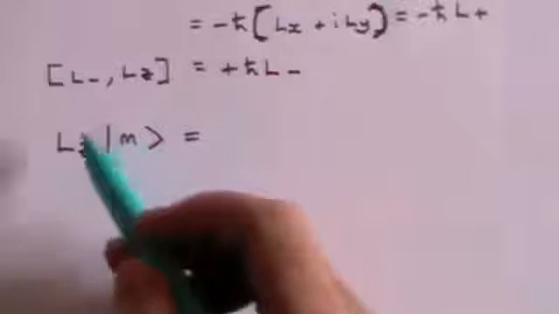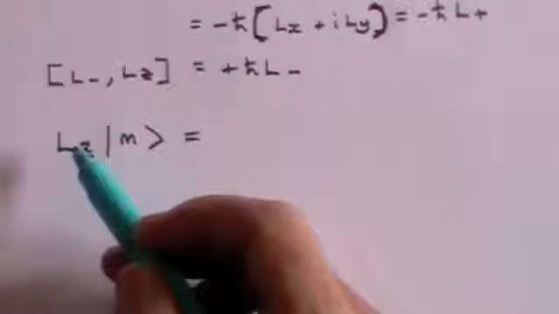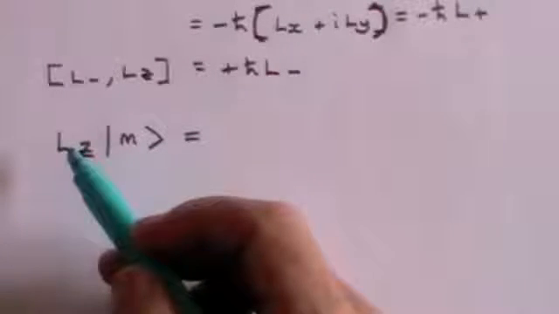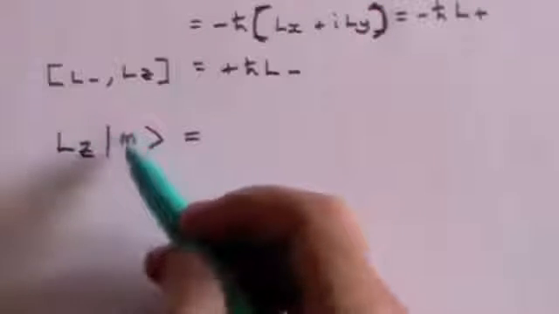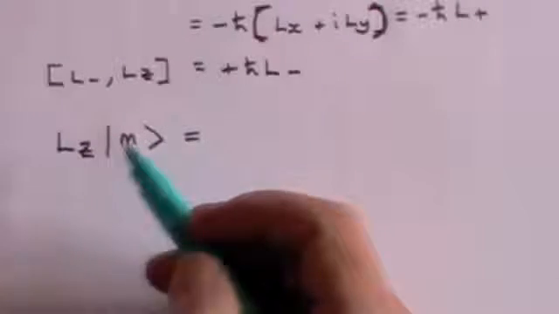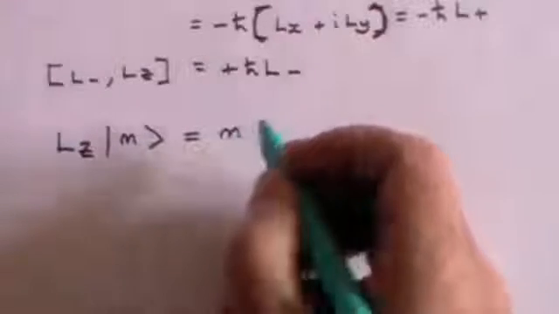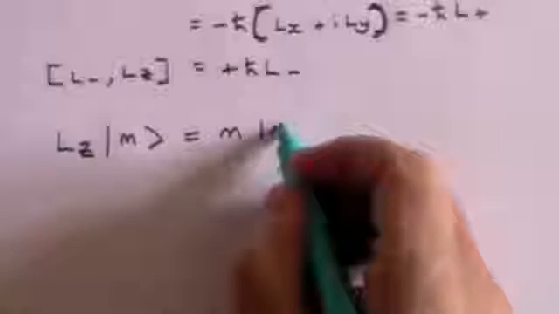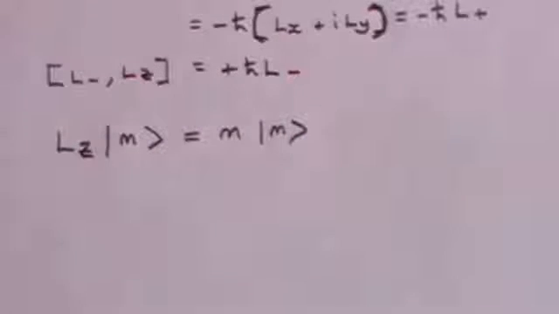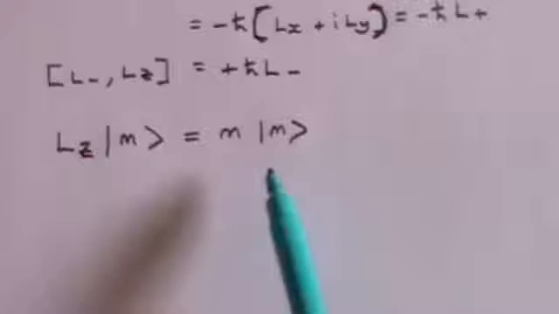Hermitian operators, which are measurables, act on the state of the system to provide an eigenvalue. The eigenvalue, the actual value you're going to measure, is the value of the angular momentum along the z-axis, multiplied by the eigenvector m. That's a form we've had many times in quantum mechanics concepts.